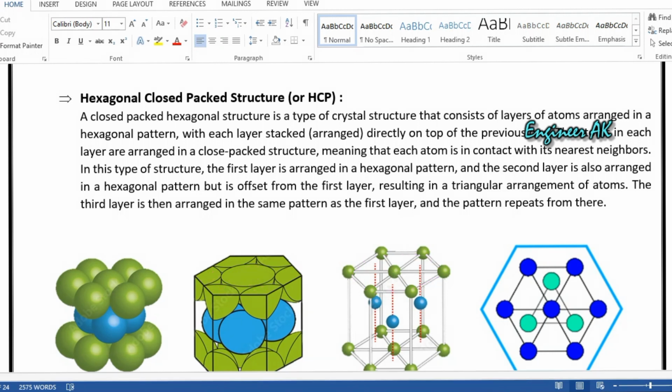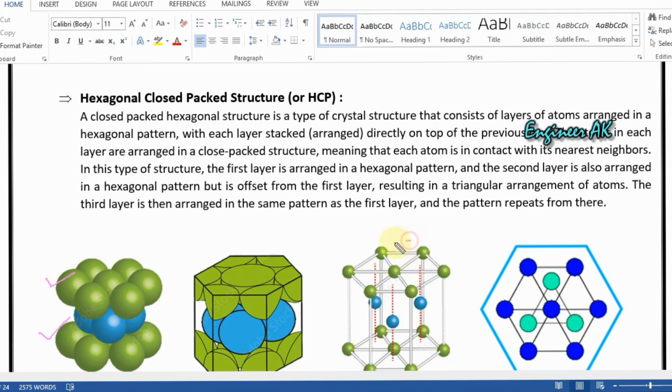So they are saying that here there are two layers. Like if I talk about this first layer, this one, and this second one, they both are arranged in a hexagonal structure.